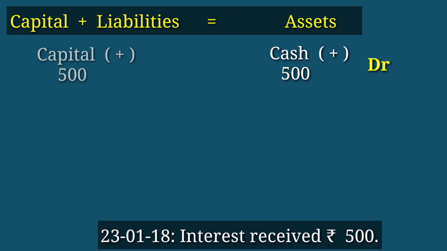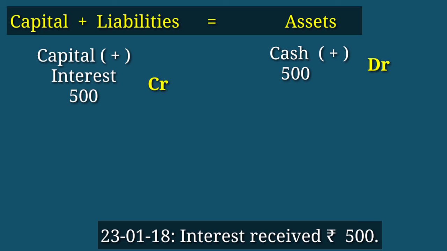We will write the name interest. Okay. So in place of capital, we will write interest. Okay. When capital or liability is increasing, we will credit, and when an asset is increasing, we will debit. So here cash account we have to debit and interest account we have to credit.